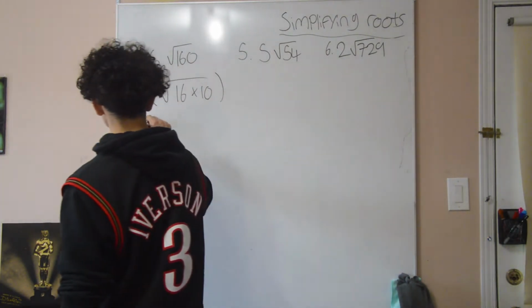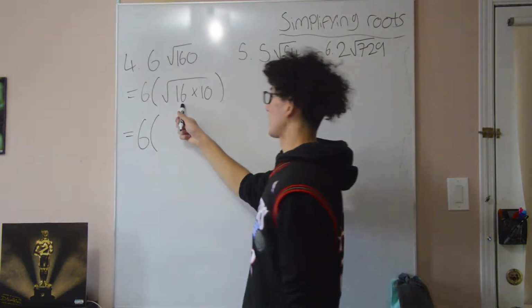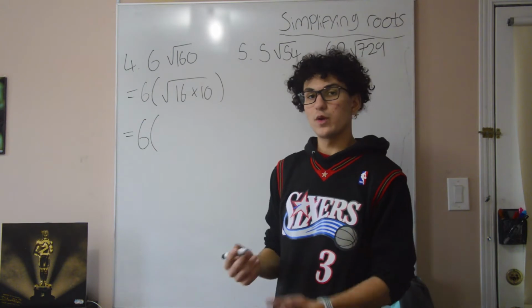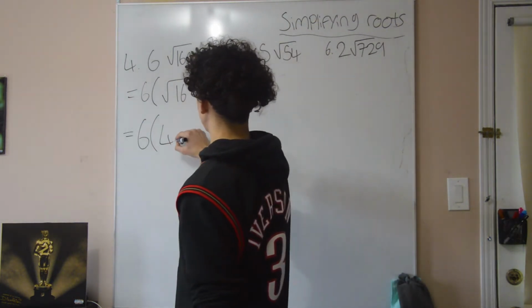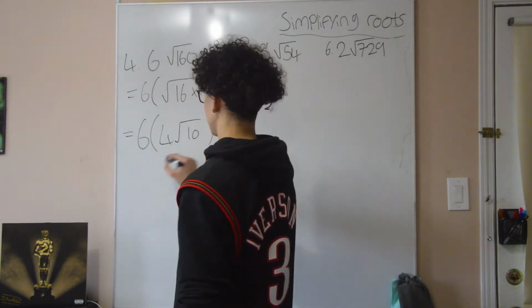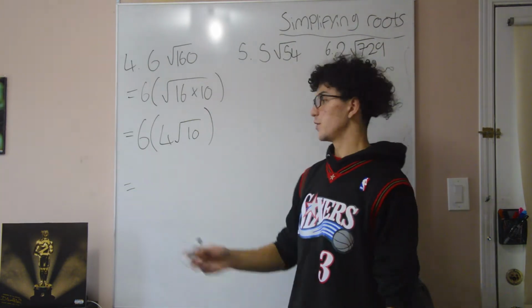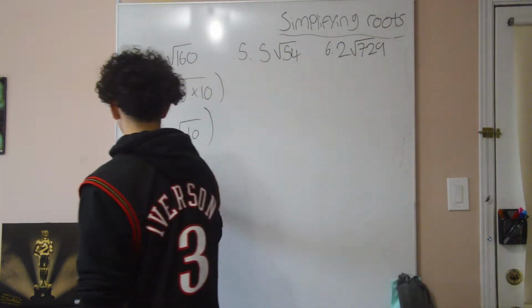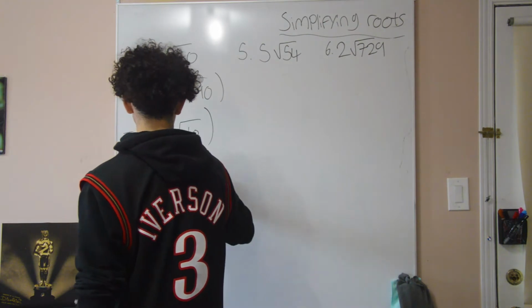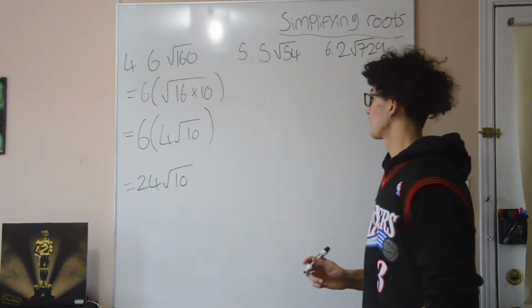So then from here, we can take the 16 out by taking the square root of it. So it becomes 4 root 10, just like that. And now, just like the previous one, 6 times 4 is 24. And we keep the root 10 the way it is.